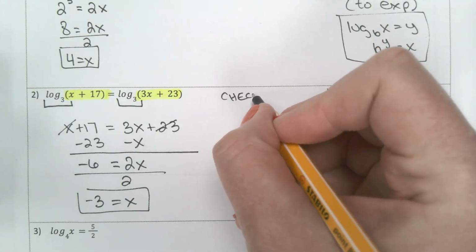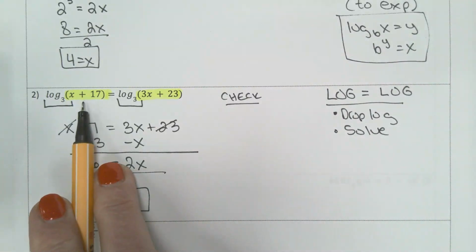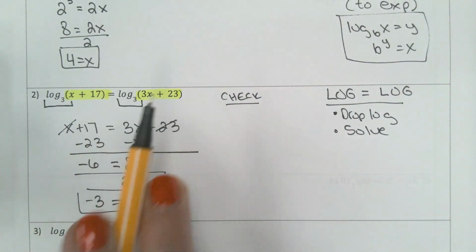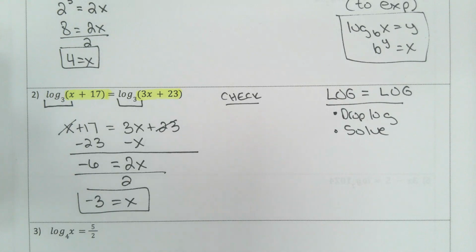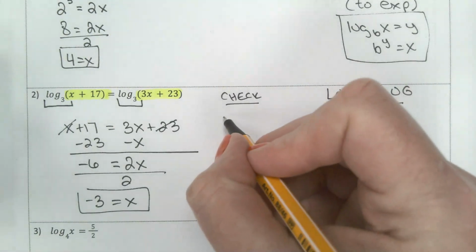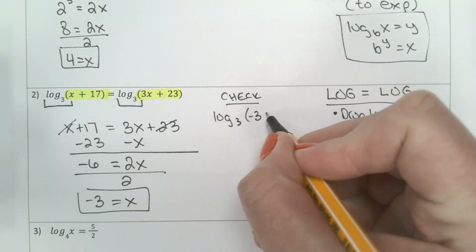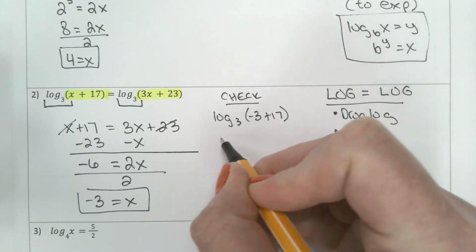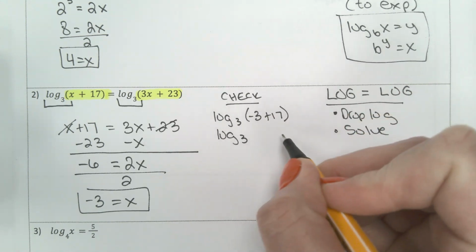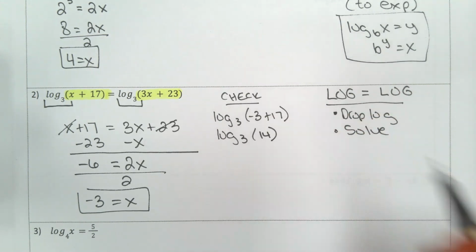All right, so let's check this. Because when you plug it in, you cannot get a negative number where those yellow highlights are. That would mean you can't take the log of a negative number. So I have log base 3 of negative 3 plus 17, which is log base 3 of 14.